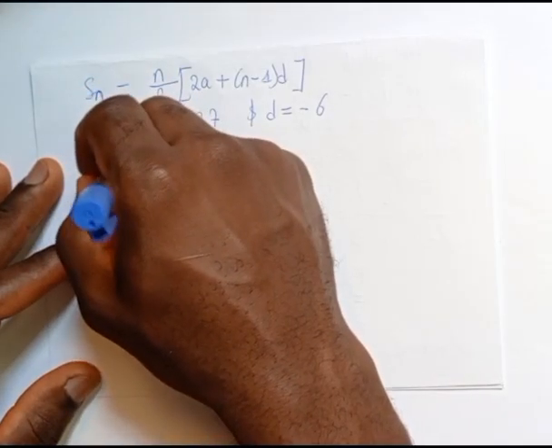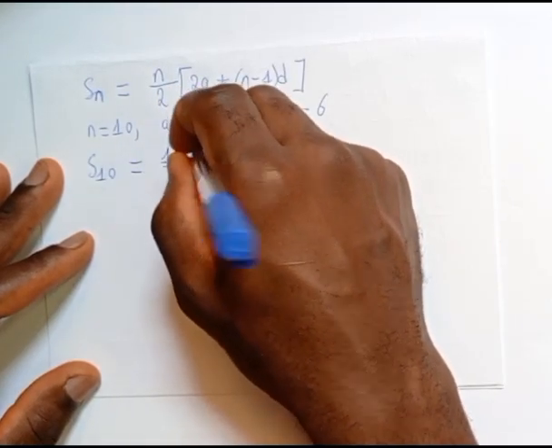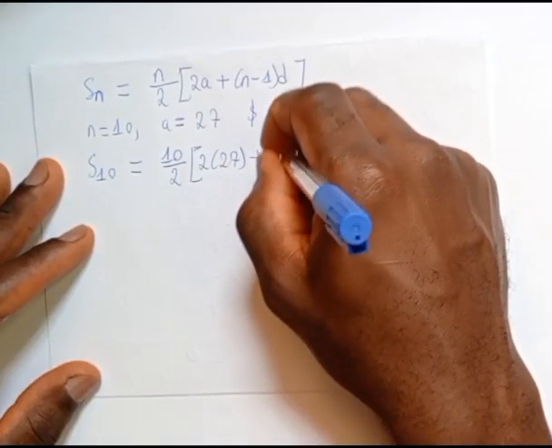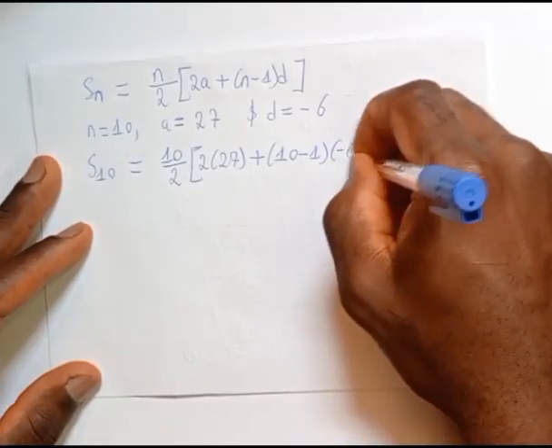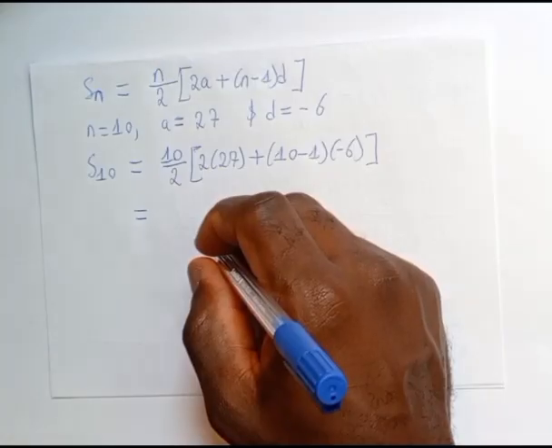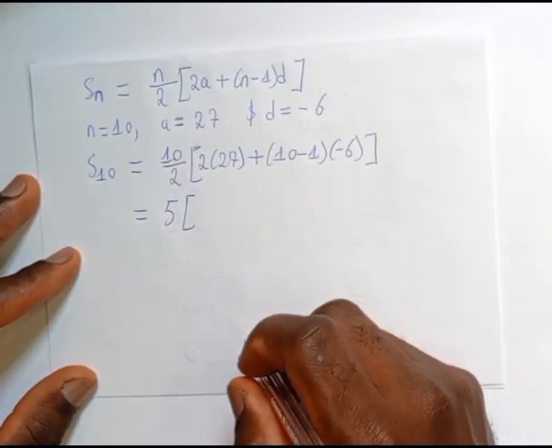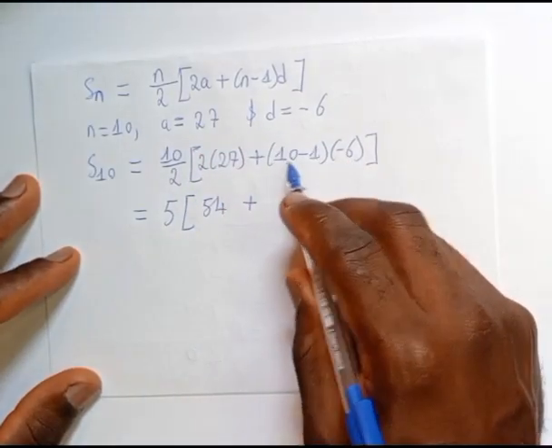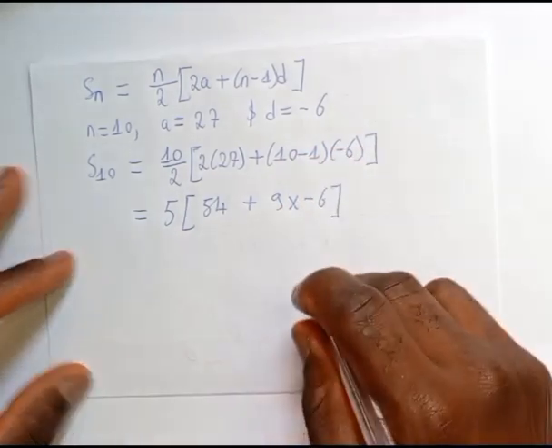This will give us S10 equal to 10 over 2 times 2 times 27 plus 10 minus 1 times negative 6. 10 divided by 2 gives us 5 times 2 times 27, which is 54, plus 10 minus 1 gives us 9 times negative 6.